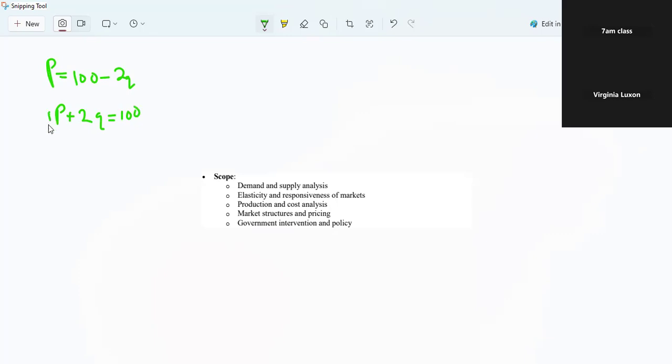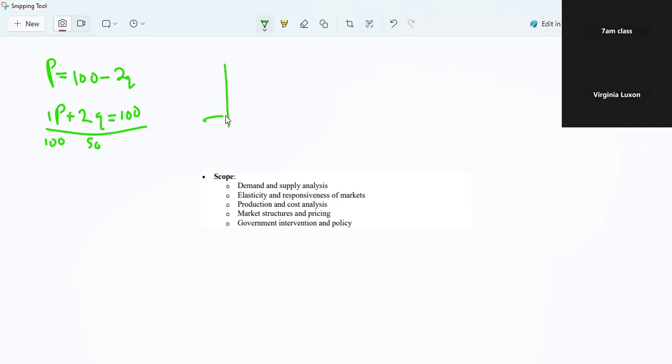So 1 into 100 is 100. And on the Q we have 2. 2 into 100 is 50.